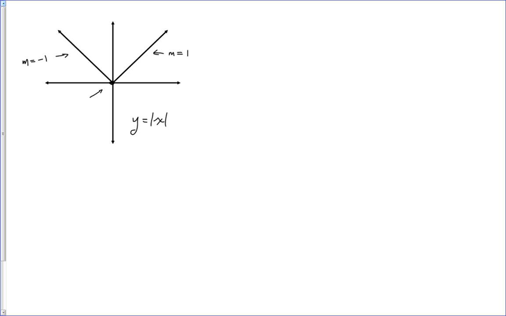That point right there will cause us grief with this graph being differentiable, because this graph has no slope at x equals 0. Since it has no slope at x equals 0, this graph is therefore not differentiable.